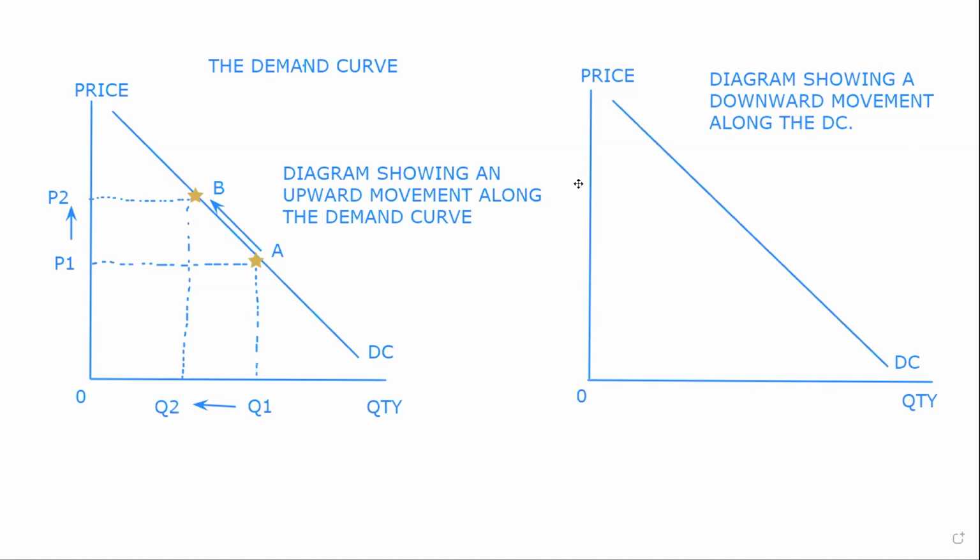Let's see, originally my price here is at P1, which gives us a certain quantity demanded. I hit my curve right here and I bring these lines down to Q1.